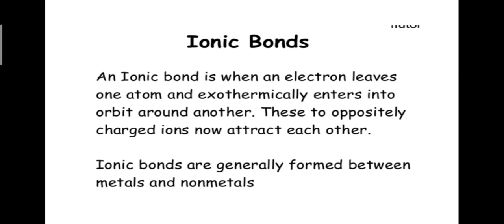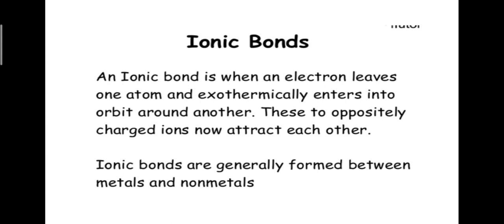Before we move to the detailed description of ionic bond, let me explain to you the basic and main difference between ionic bond and covalent bond. In ionic bond, or we can say electrovalent bond, there is a transfer of electrons from one element to another.